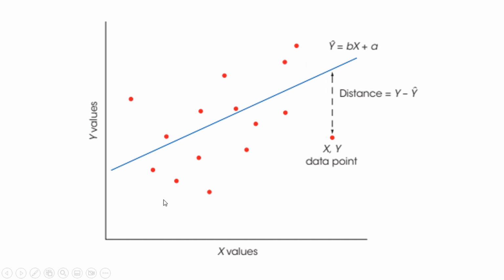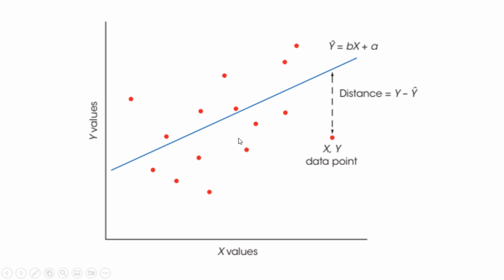So these are below the regression line and these are above the regression line, and the distance of each point from the line basically shows the error, that is y minus y hat. The larger the distance, the poorer the model.